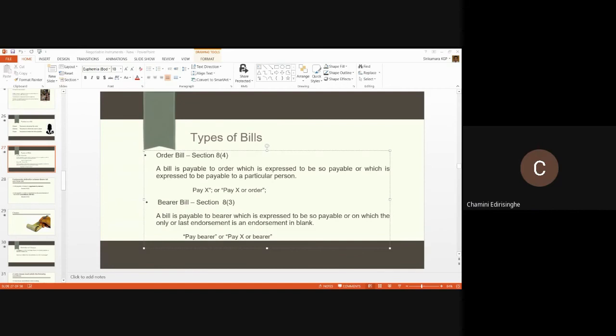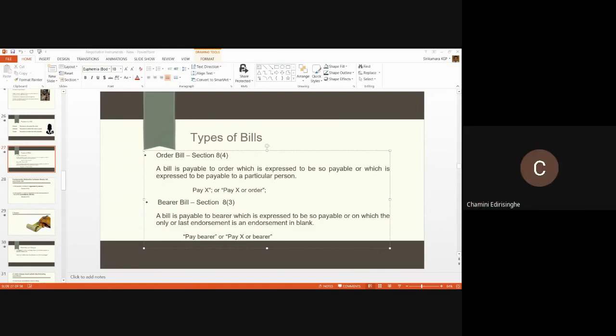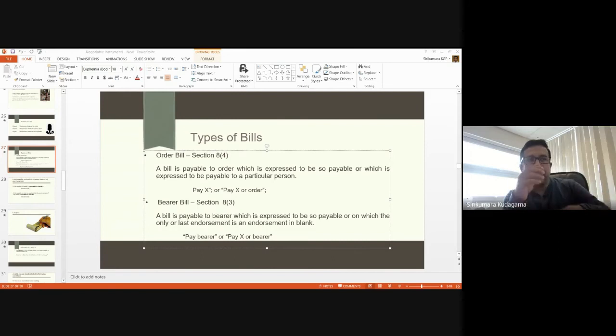It can, as far as endorsement is there. Which endorsement? Who is supposed to endorse? Now, X endorsed it to Y, and Y endorsed it in blank. Yeah, you are correct. Y, or even some other person, because Y has already endorsed it in blank, right?